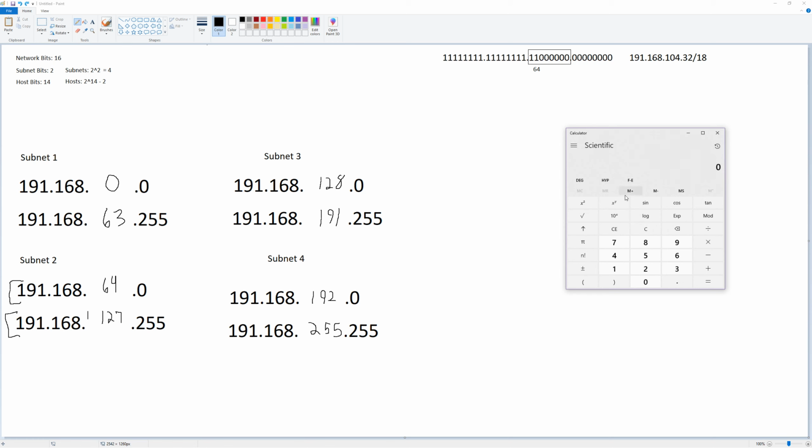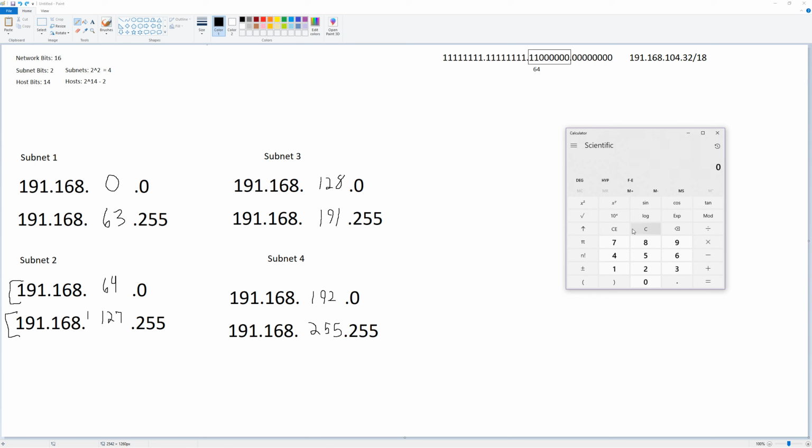With those, I'll take 1 times 64, my magic number. That gives me my subnet address. And I will take 2 times 64. And it starts at 0, so you kind of have to account for that. I think I did that in class where I wrote 128 instead of 127.